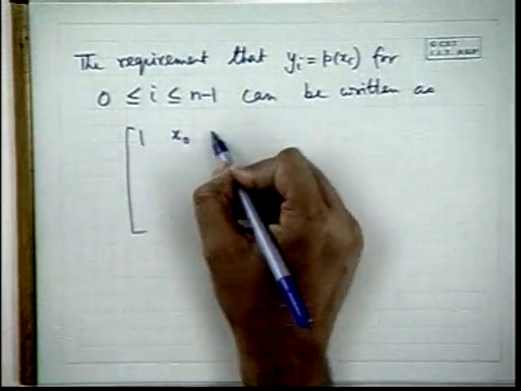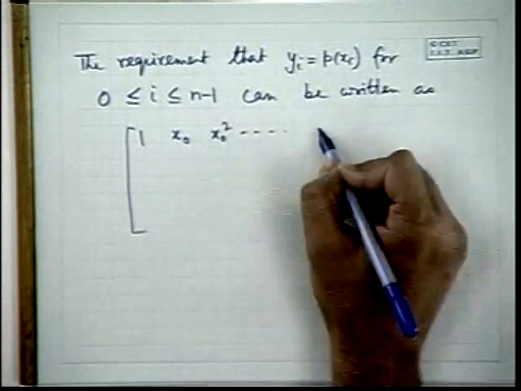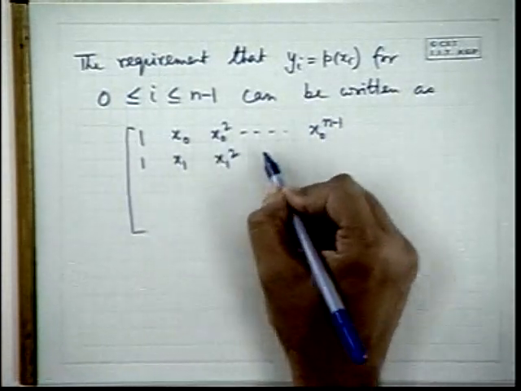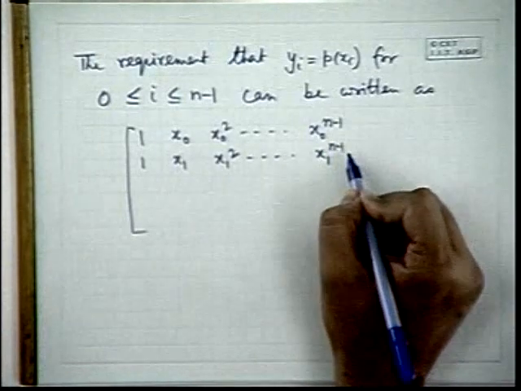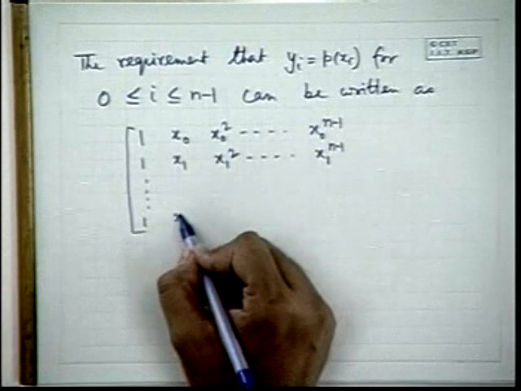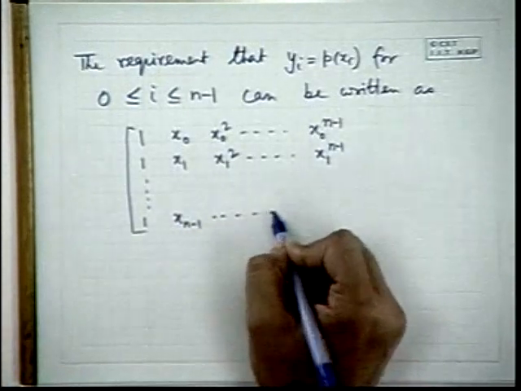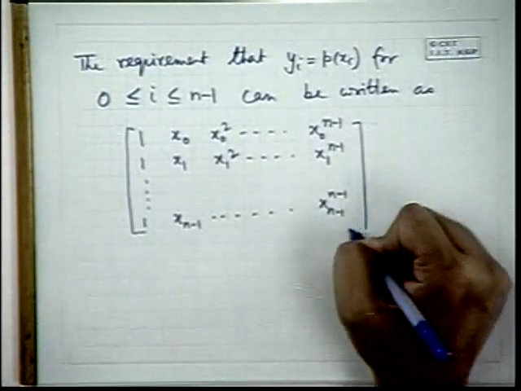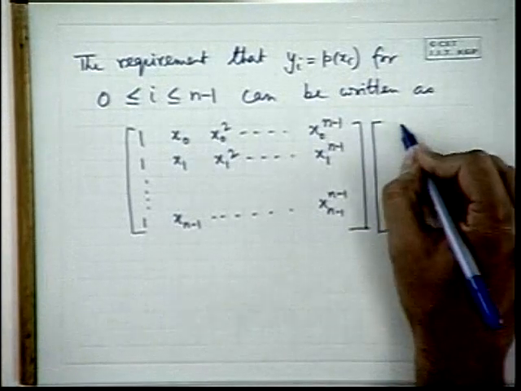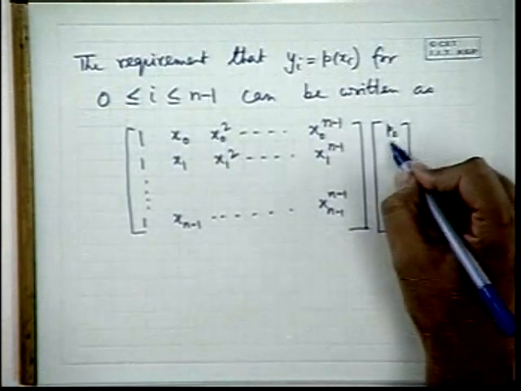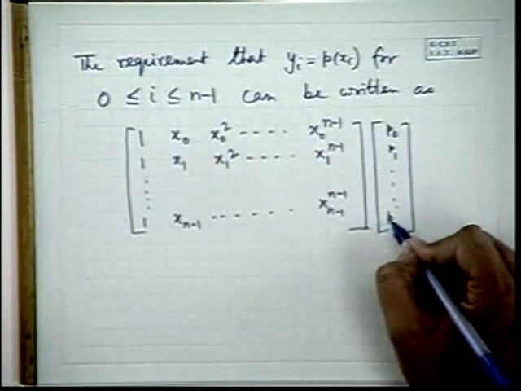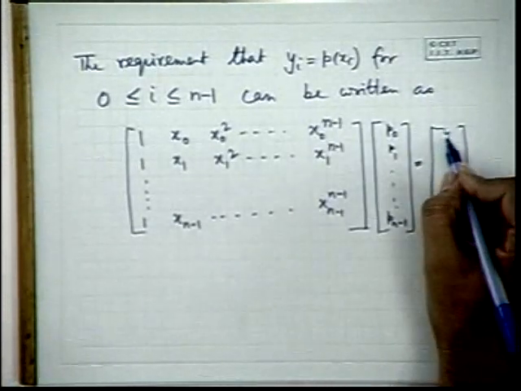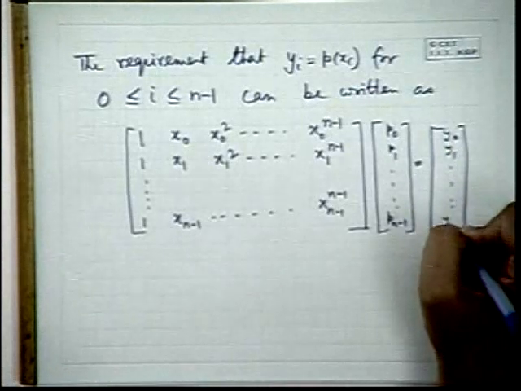The rows are 1, x0, x0 square, up to x0 to the n minus 1, then 1, x1, x1 square, up to x1 to the n minus 1, and so on up to x n minus 1. This is the matrix that you multiply with the coefficient vector p0, p1 up to pn minus 1, and on the right hand side you get nothing but the values y0, y1 up to yn minus 1.